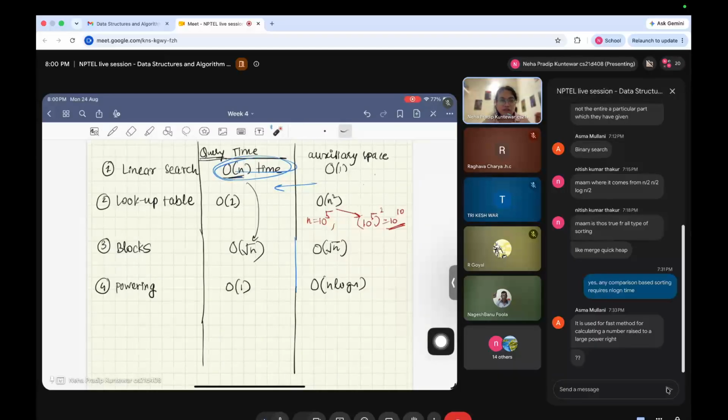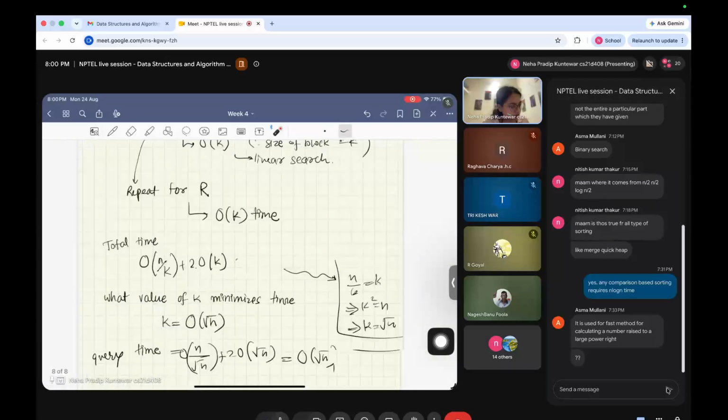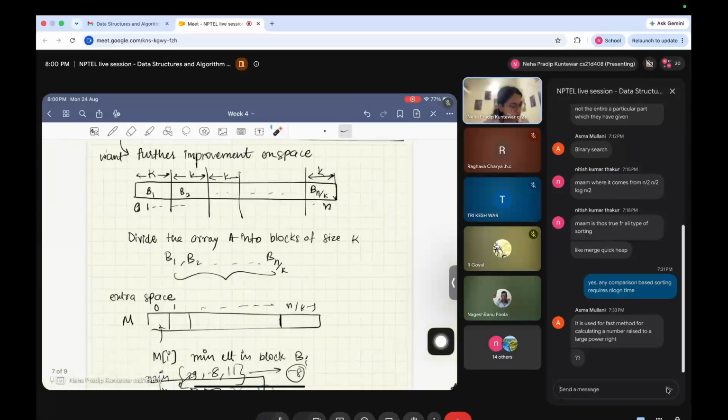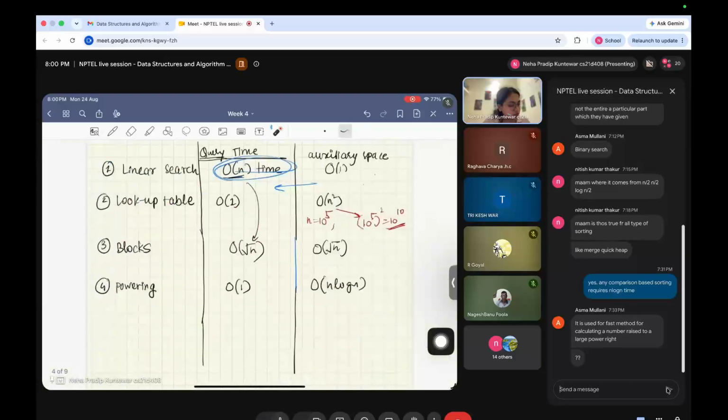Now can you think of something, can you modify this idea of maintaining blocks?